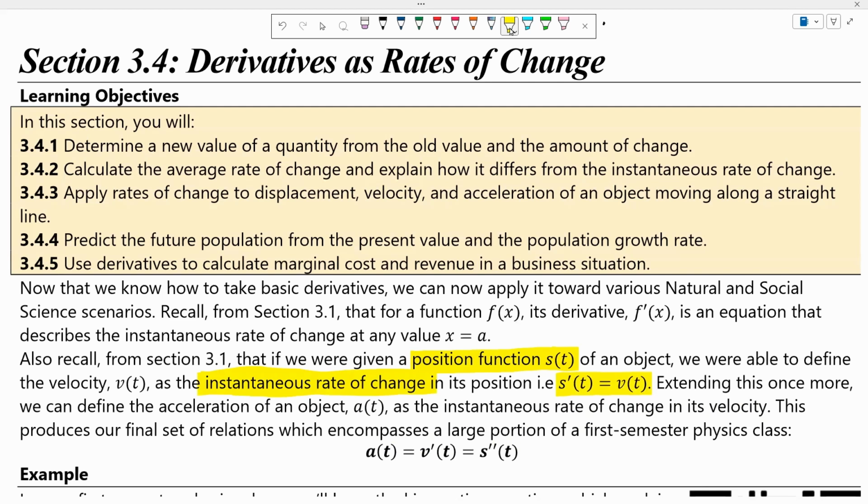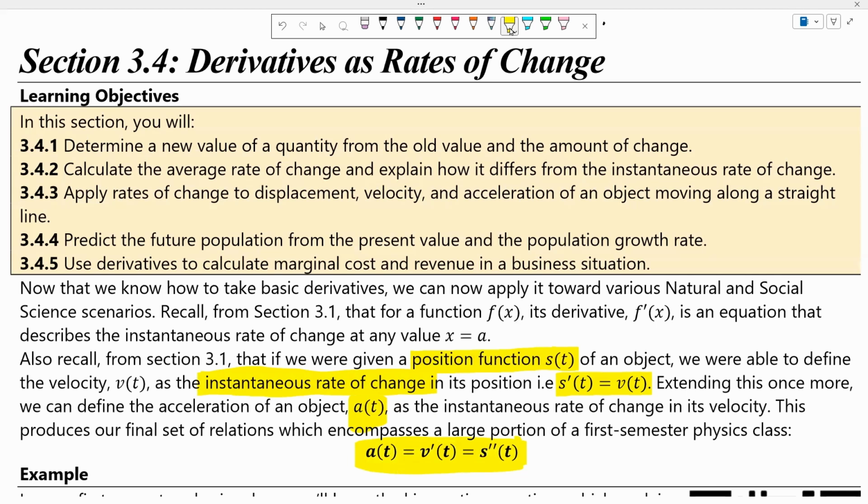And if we extend it one more time, if we take the derivative of the velocity, that is the instantaneous rate of change in its velocity, another way of saying an acceleration. Altogether, we produce this right here: if you have a position function, its first derivative is going to be the velocity.